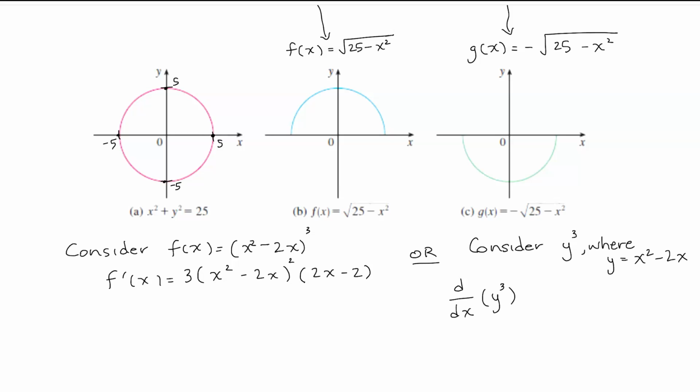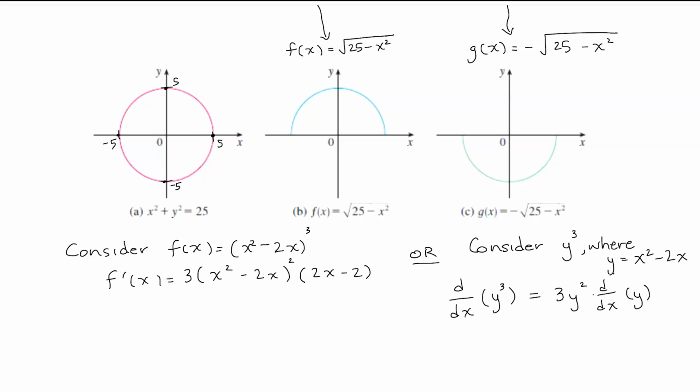If we want to take the derivative with respect to x of y cubed, basically what we're saying is y is a function of x. So we bring our power 3 down, and take y and raise it to one lower power. But because we're differentiating with respect to x, we have to then multiply by the derivative of y. That is its own function of x, so that is using the chain rule.